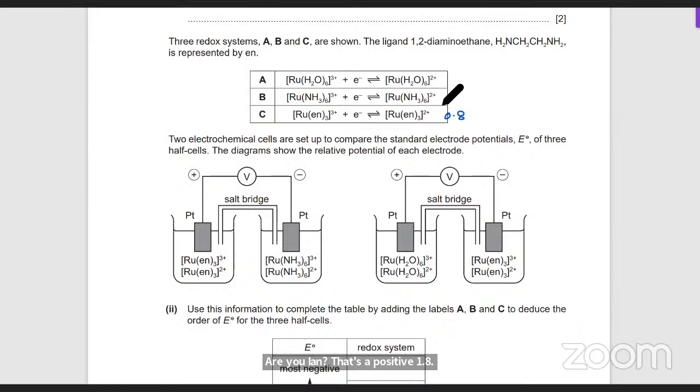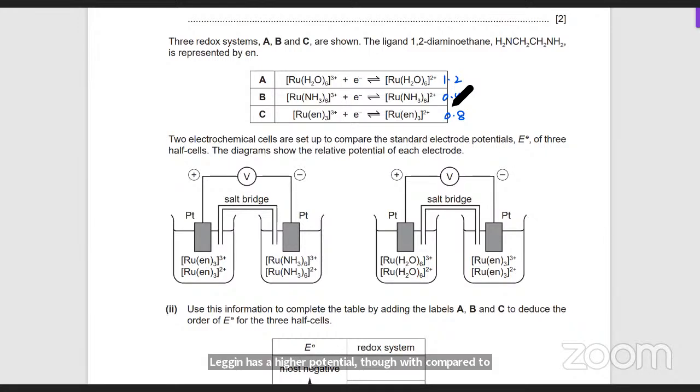Let's give that 0.4. ठीक है, negative potential. अच्छा, फिर इन दोनों में which one? Water has a higher potential compared to EN. So the water one has a higher potential, so let's give this 1.2. That's the one with water ligand has a higher potential when compared to the one with EN. ठीक है, तो मैंने एक रफ order बना दिया.